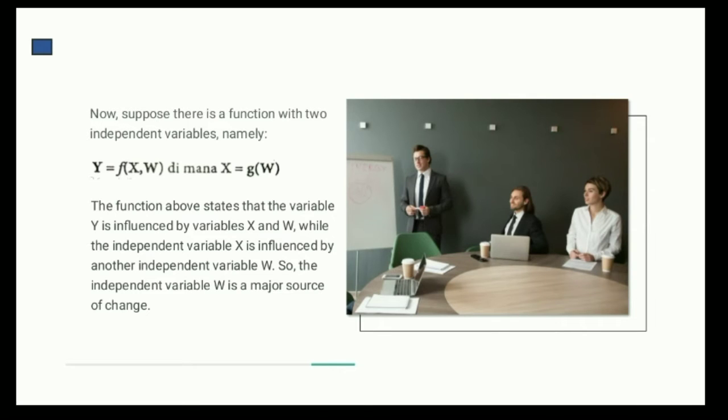The function above states that the variable y is influenced by variables x and w, while the independent variable x is influenced by another independent variable w, so the independent variable w is a major source of change.